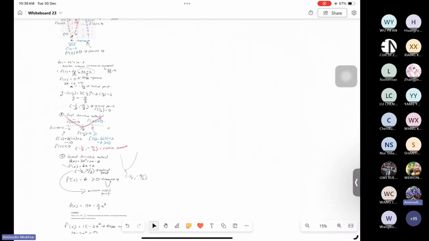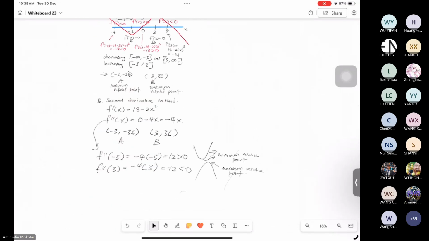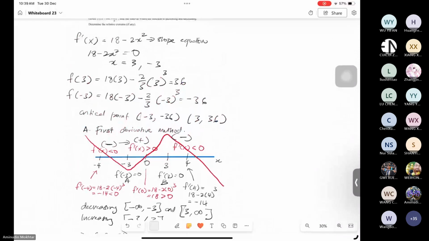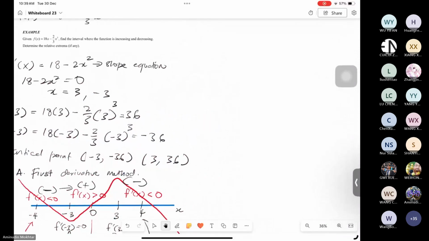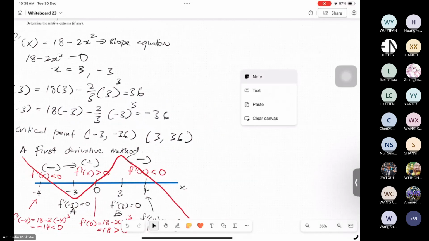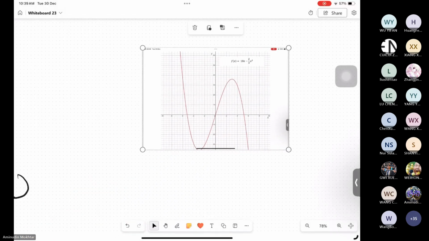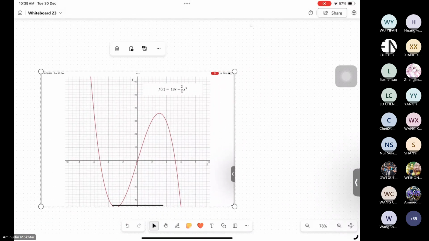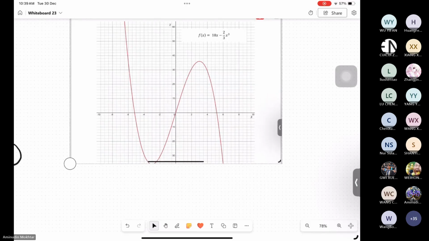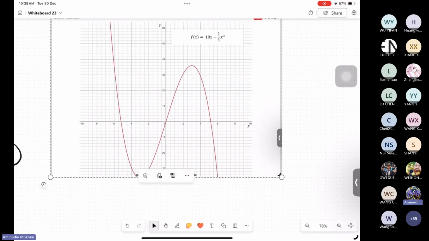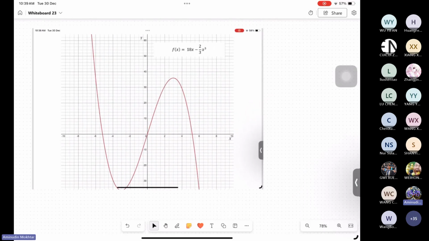Here is the graph of the function. We have critical points here.